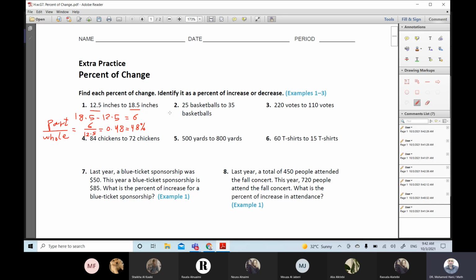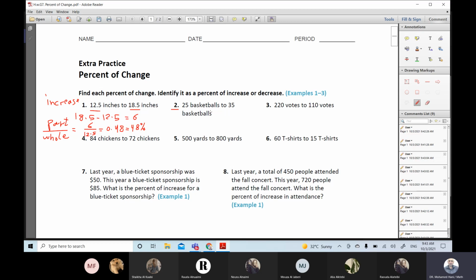Exercise number 2. In the first question, we have increase. Exercise number 2, 25 basketballs to 35 basketballs.